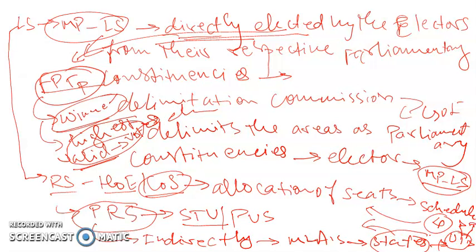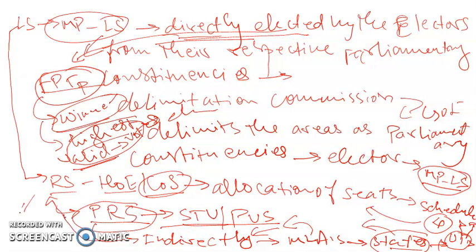The members of the legislatures of the states and union territories elect indirectly, based on proportional representation by means of the single transferable vote, the members of Rajya Sabha.